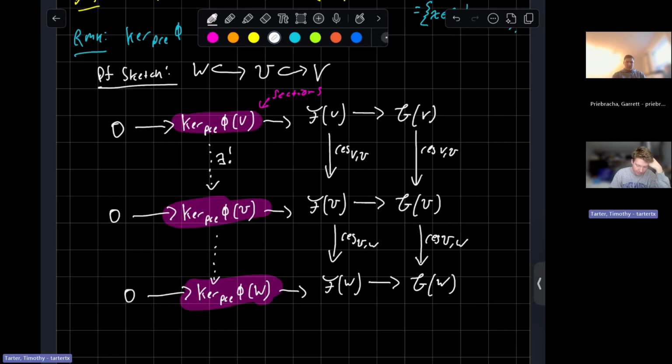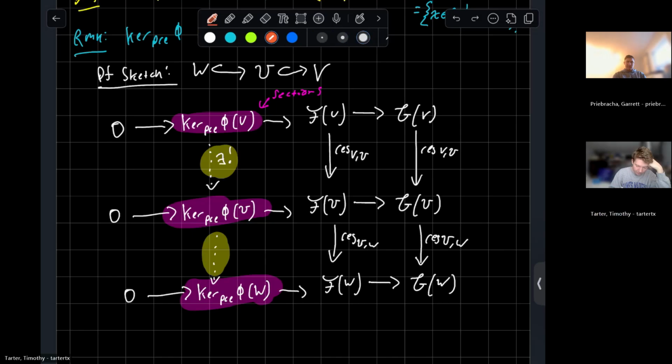And then these are the restriction maps that we want. And then we want this to be true.